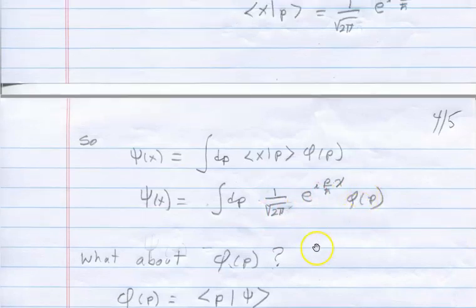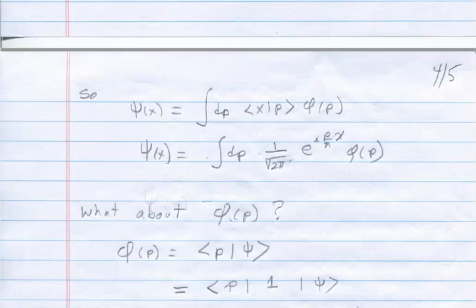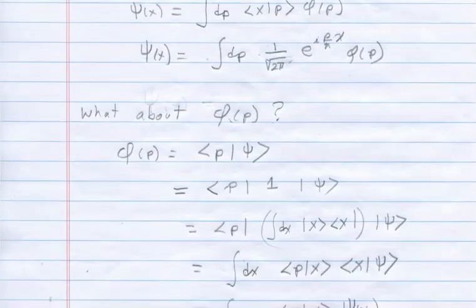What about the phi of p? I could do something similar for it. Again, by definition, this was the bracket of p with this psi. I separate them out a bit, put the identity operator in between, but this time I write the identity operator as the integral over x, the outer product of x, x.